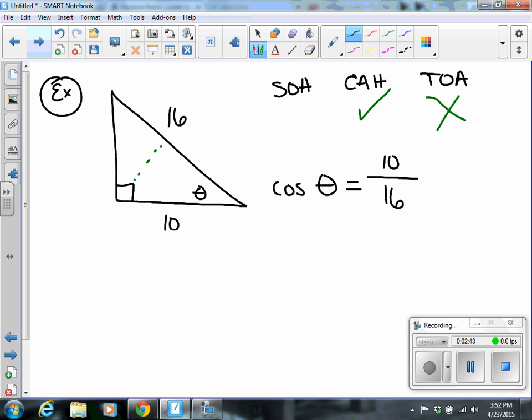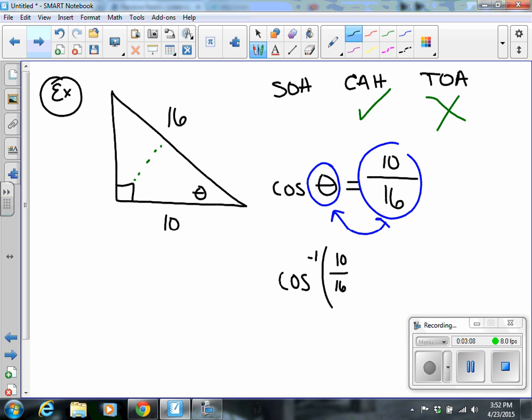All right, so what do I do now? You actually take the theta and the 10 over 16 and flip-flop spots. When you do that, you take it to the -1. So it's cosine -1, 10 over 16 equals theta.